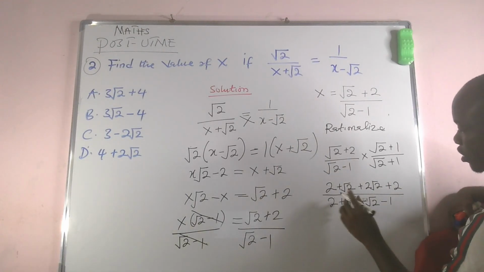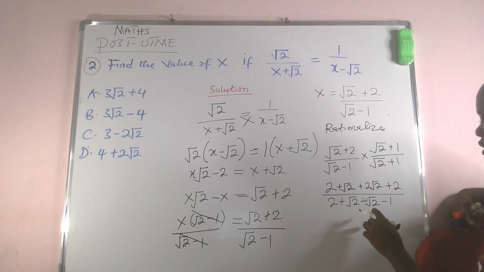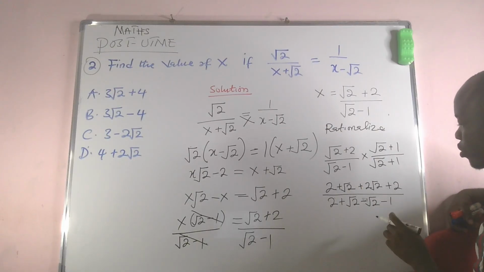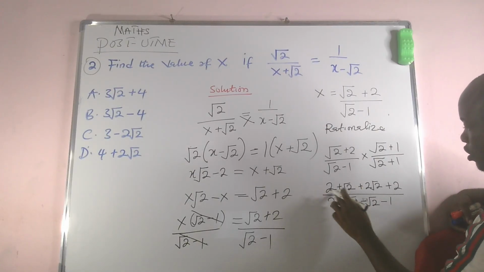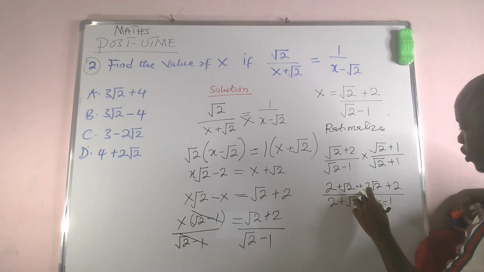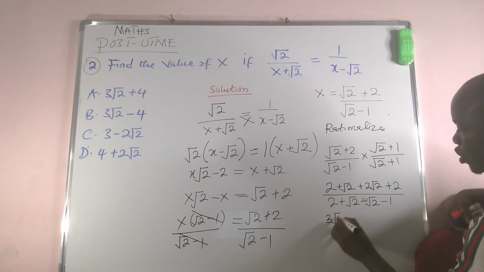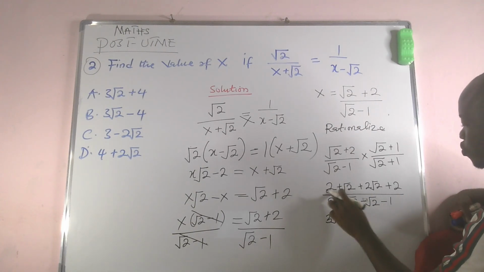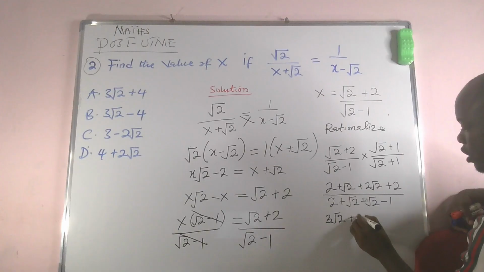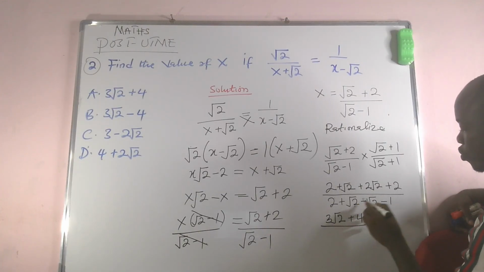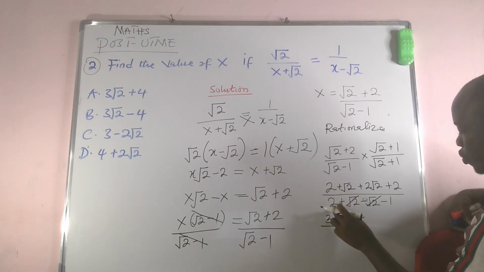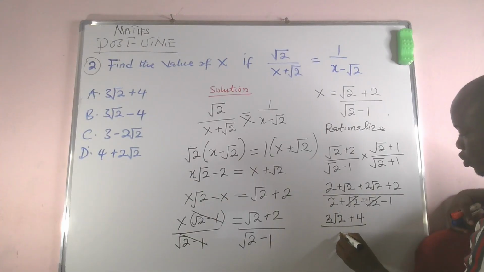So therefore, what we are going to do here, okay, this is root 2 plus 2 root 2 is going to give us 3 root 2. Then we have 2 plus 2 is going to give us plus 4 divided by root 2 minus root 2. This one will cancel this. Then we have plus 2 minus 1 is going to give us 1.